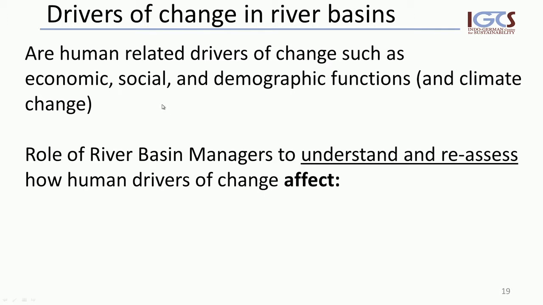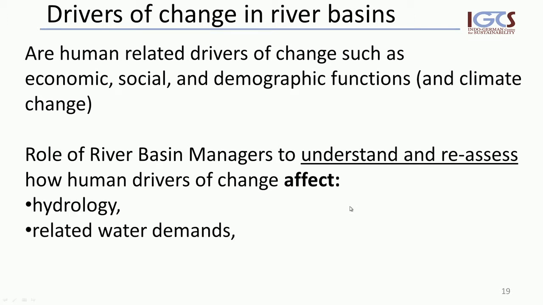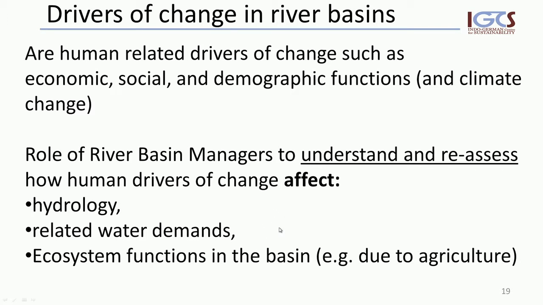So the role of our river basin organizations or river basin managers is to understand and reassess how these human drivers of change affect the hydrology, how those drivers affect the water demand, and how ecosystem functions in the basin are affected due to, for instance, agriculture.